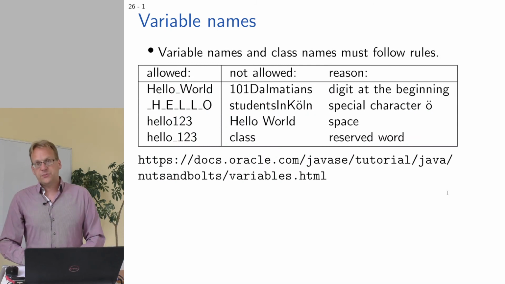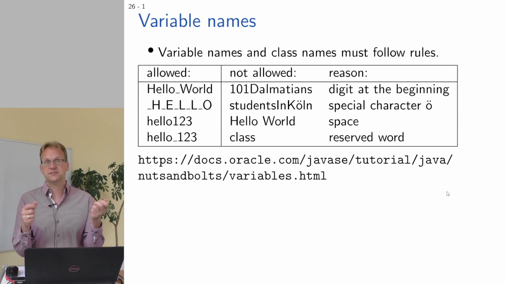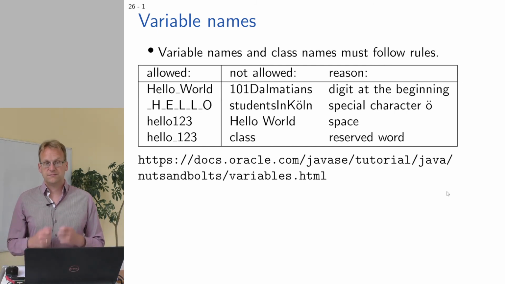I said we are pretty free in choosing the names of our variables. However, there are rules. We cannot choose every character sequence as a variable name. There are certain names which are not allowed.